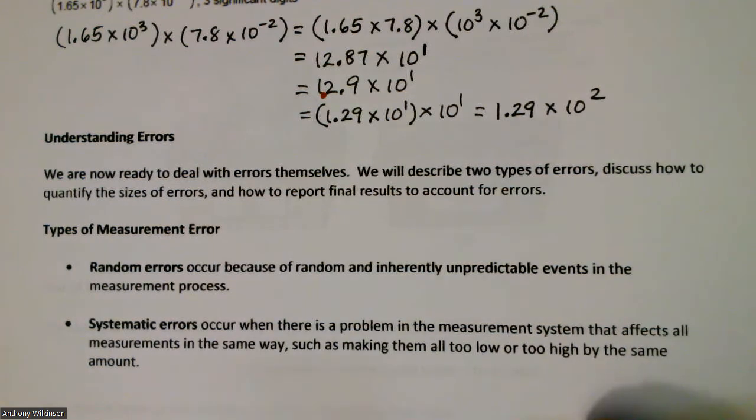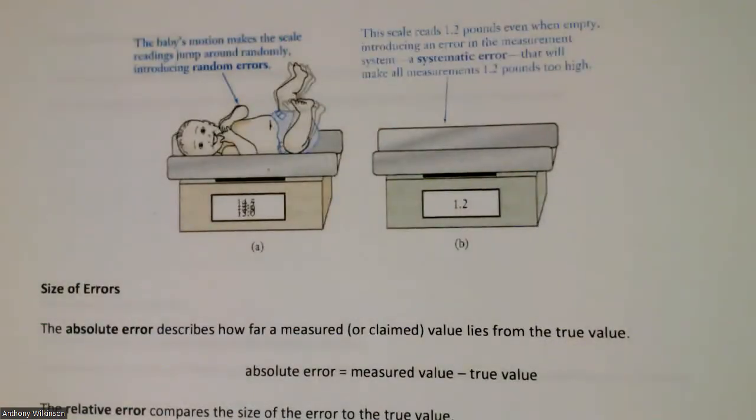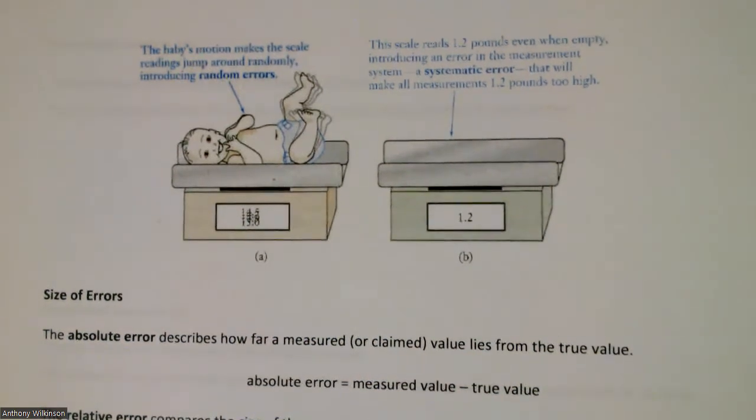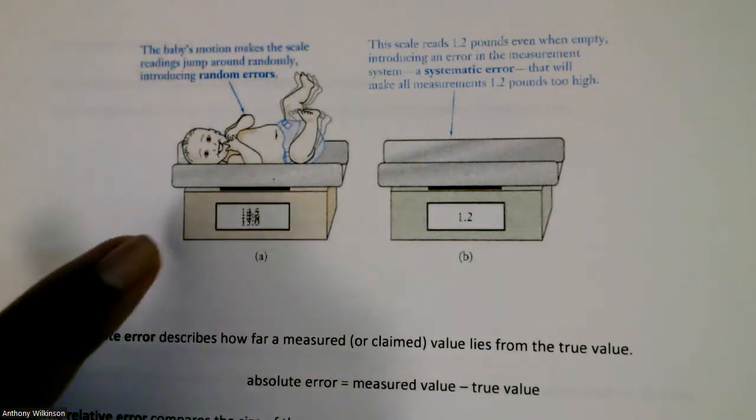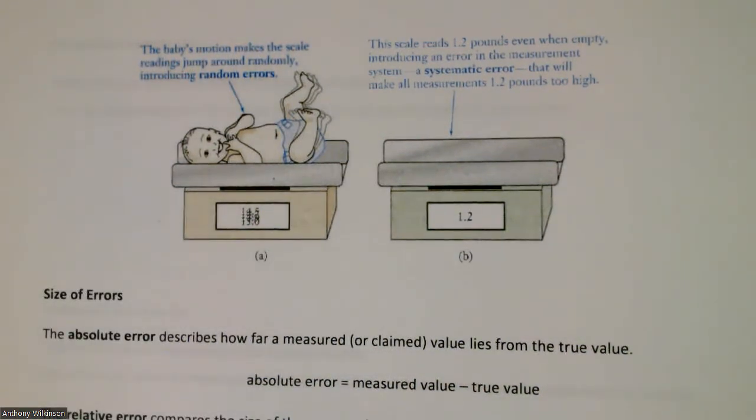All right, now if you look at the next page, this is just an illustration of what a random error is and what a systematic error is. On the left-hand side, if you look at the scale, the baby's motion makes the scale readings jump around randomly.